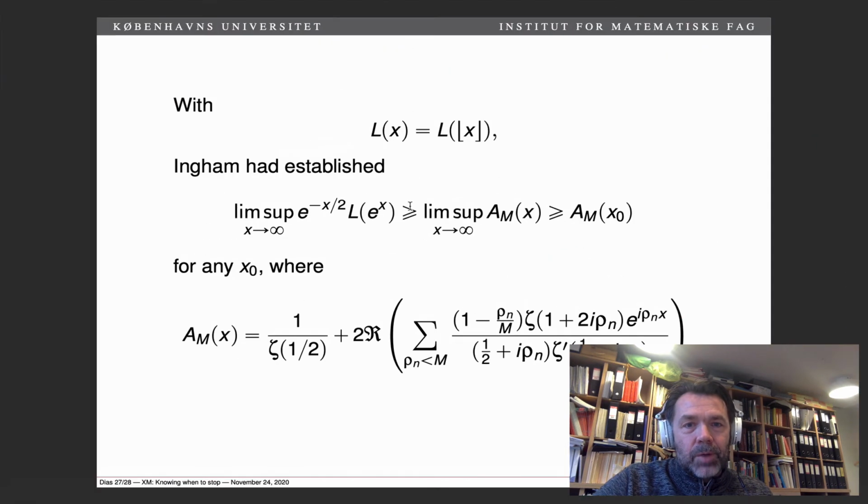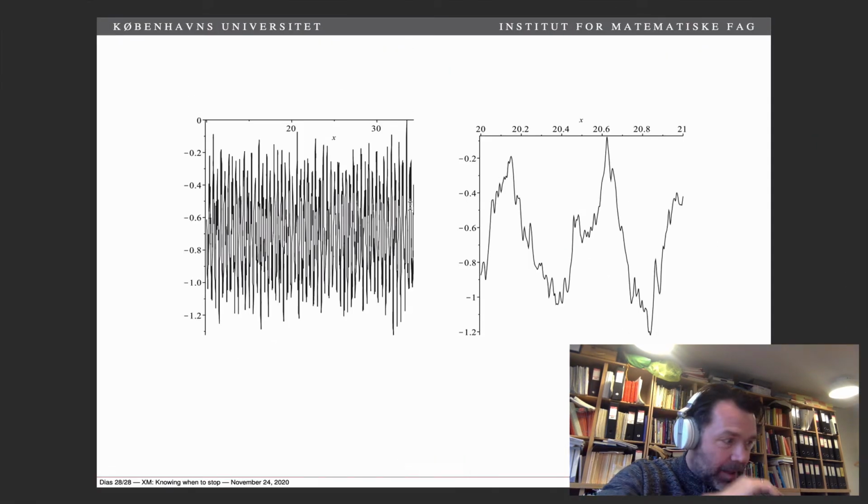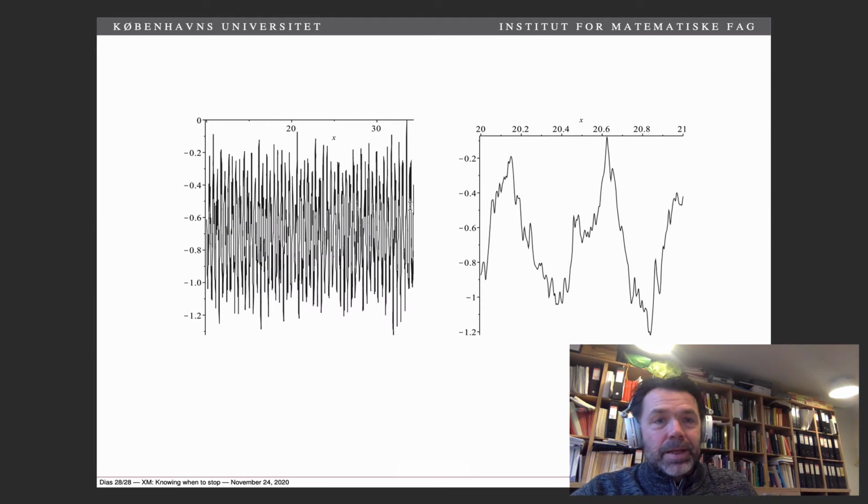So what you can do, and this was done by another mathematician called Sherman Lehman, is to say, well, actually, this function A_m turns out to be a good approximation of L. I don't think it's understood exactly how good an approximation it is, but since we're just trying to be led by the A function to a candidate for finding a concrete counterexample to Polya's conjecture, we can simply look at A. This is what I've done in Maple.